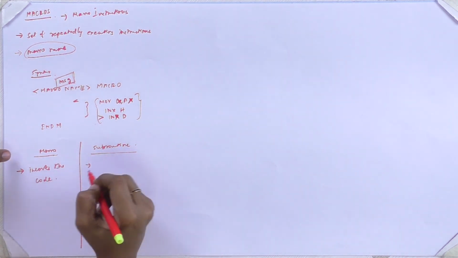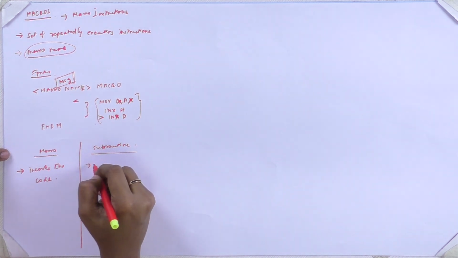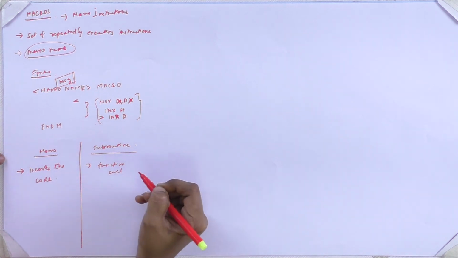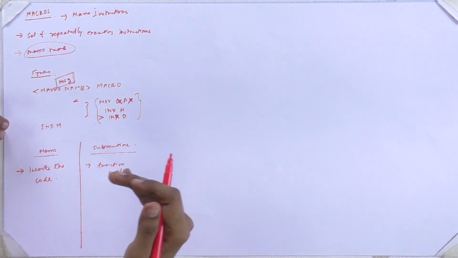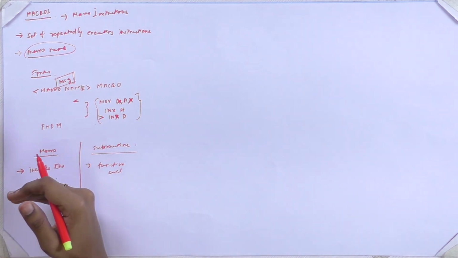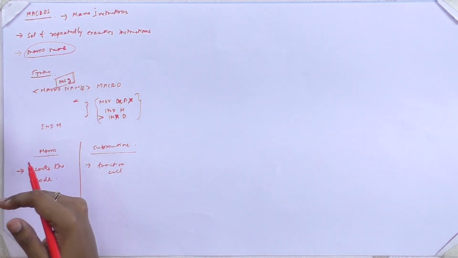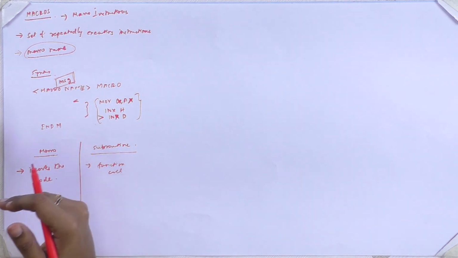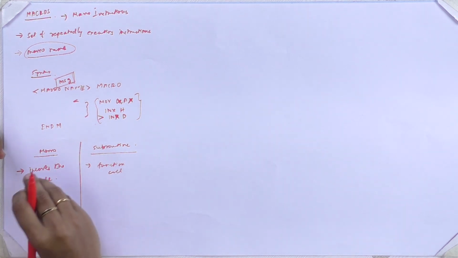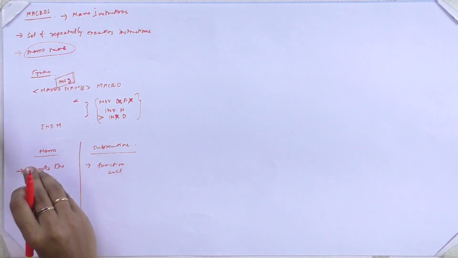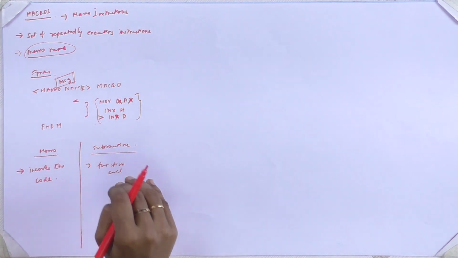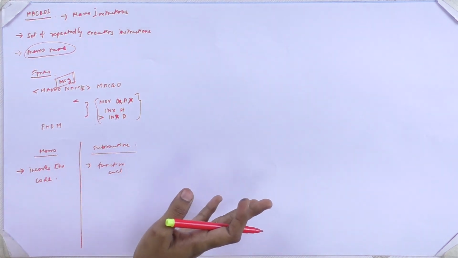But in a subroutine, a function call is made, which means program control is shifted from one location to another location. In a macro, there is no transfer of control; it simply inserts the code at the position of the macro name. But in a subroutine, control is shifted from one position to another position.